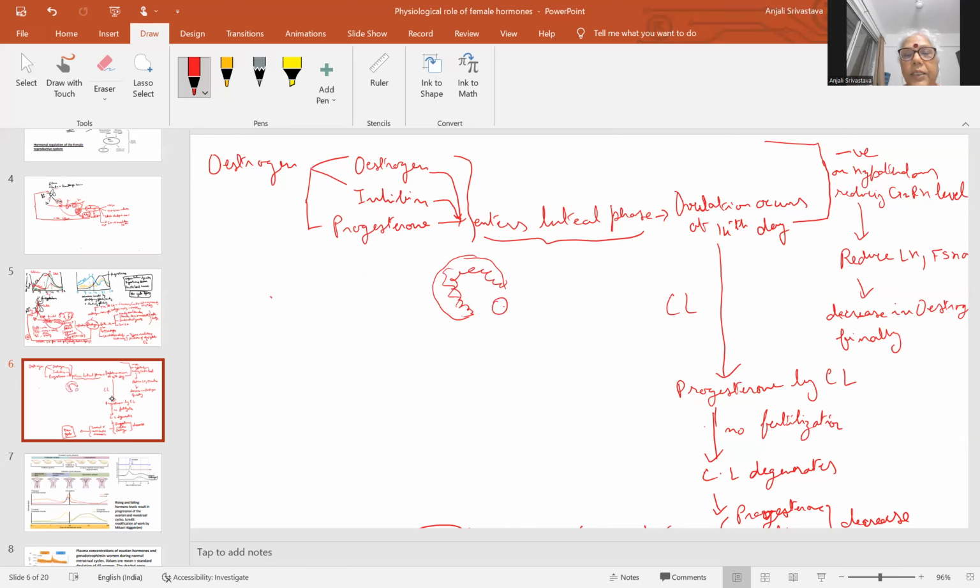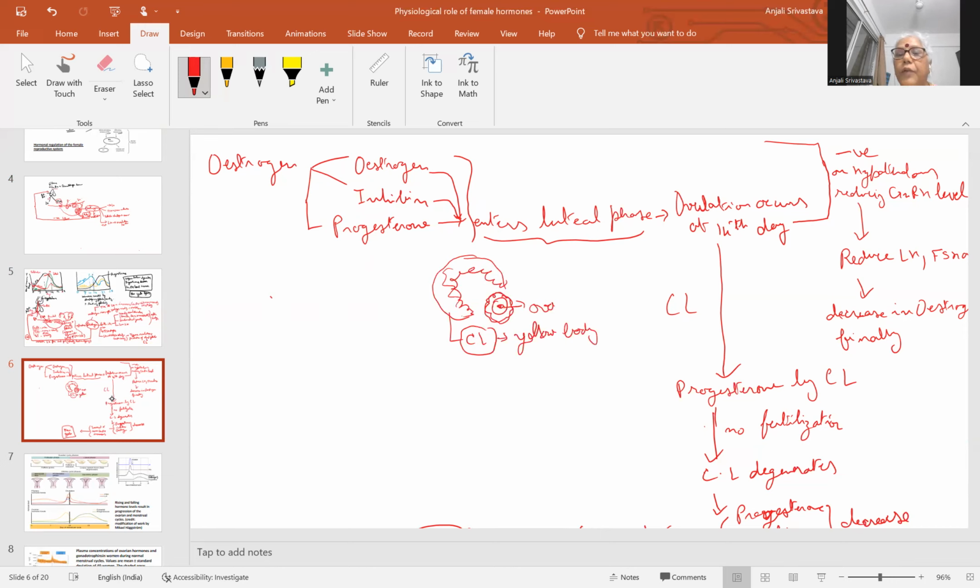The ovum is released here with the zona pellucida and corona radiata. This is the ovum or egg, and this is the corpus luteum. This corpus luteum is also called the yellow body. Its detailed structure we have seen in the last class.